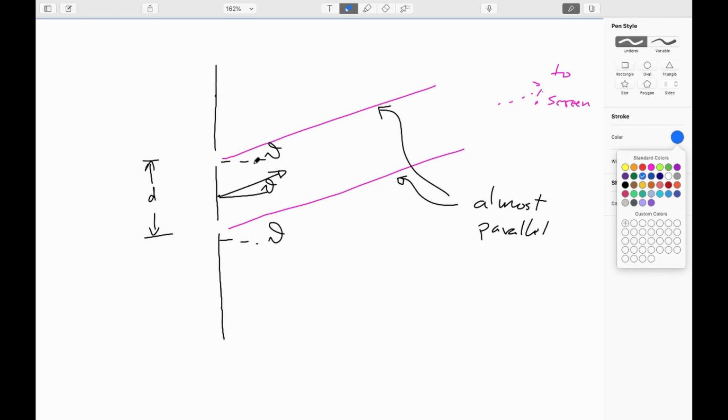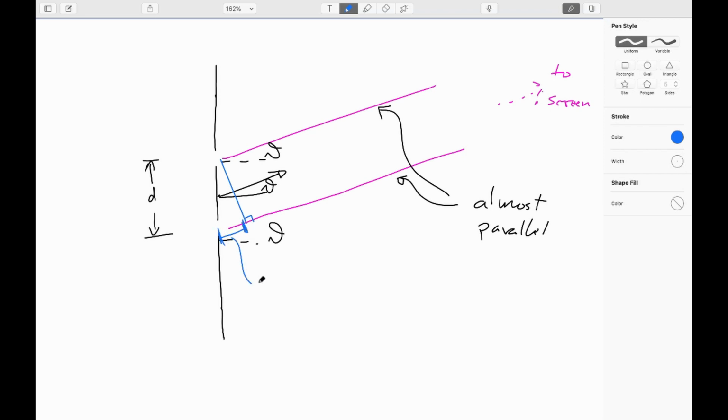And then the idea here is going from here to here, we drop a perpendicular. And this bit right here is the extra distance traveled, in this case from the lower slit.